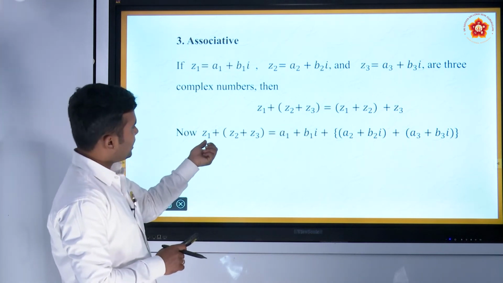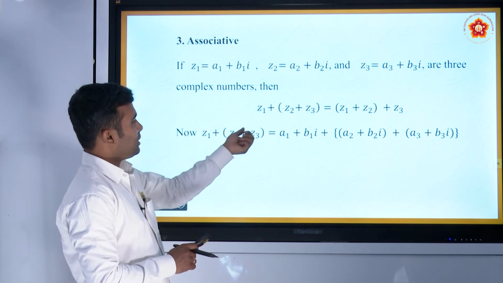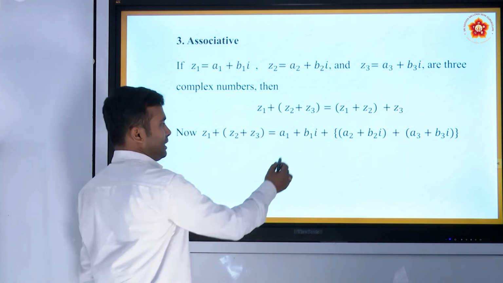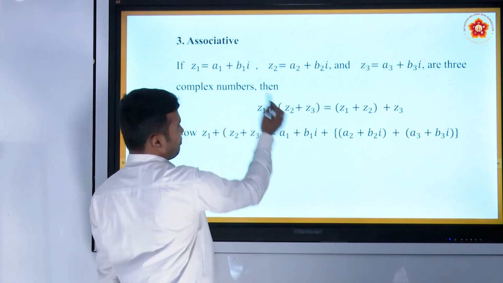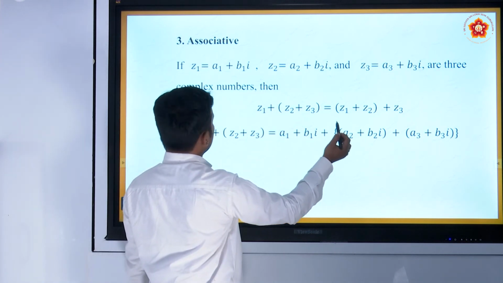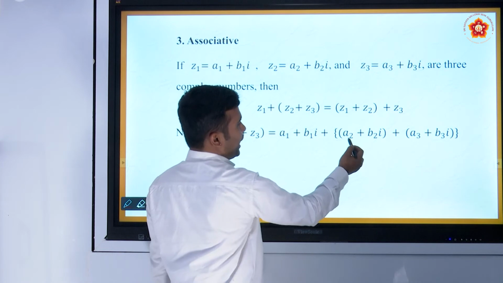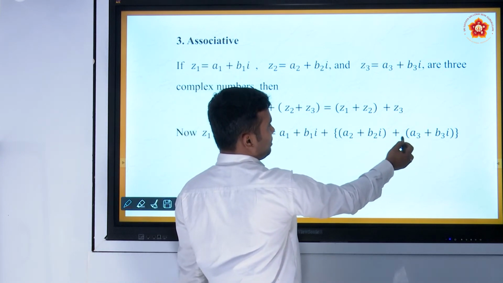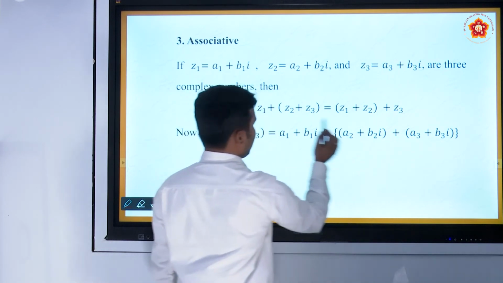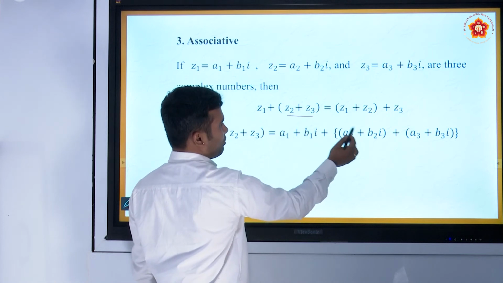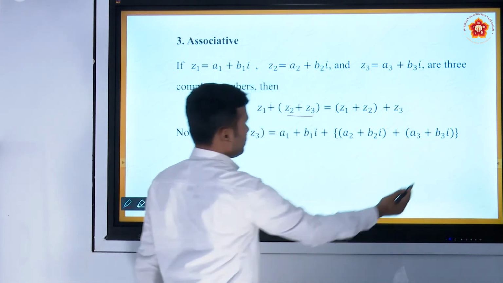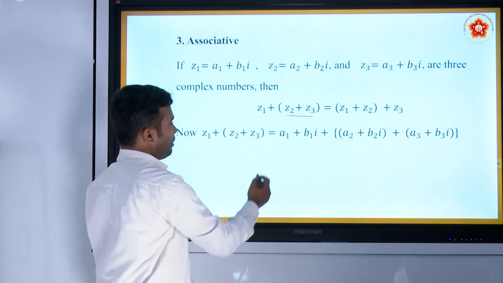Here the LHS, z1 plus (z2 plus z3), can be written as, what is z1? z1 is a1 plus b1i, z2 is a2 plus b2i, and z3 is a3 plus b3i. You can look at this. So we have written z1, z2 and z3 together.